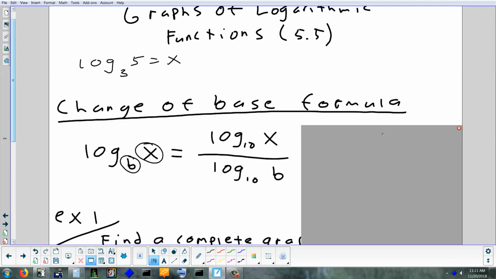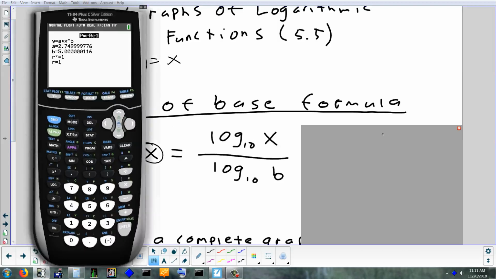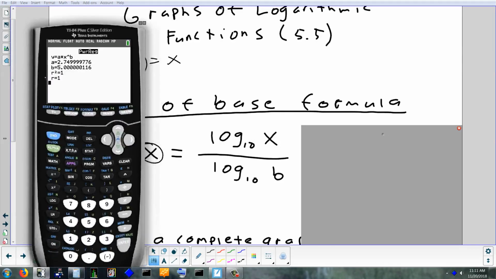And that's it. So if I was going to try to type this into the calculator, I would type it in like this. Log 5 divided by log 3. Just make sure you close your parenthesis on that first one or it'll mess up. Log 5 divided by log 3, and that's the answer, 1.46.